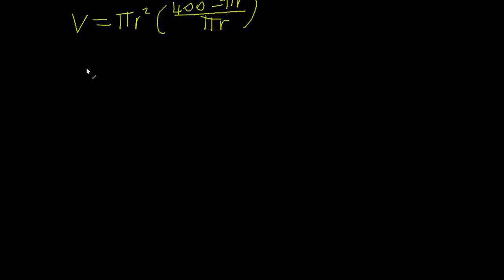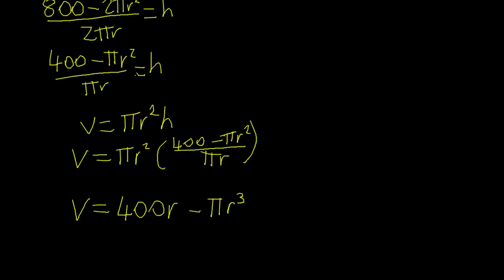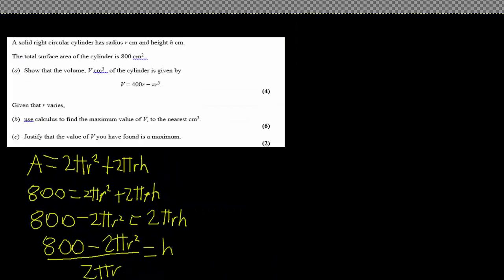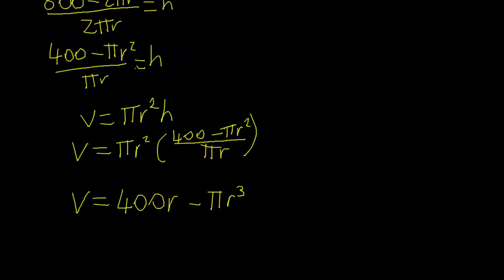So we're really just multiplying by r, which means the volume is equal to 400 times the radius minus pi r cubed, which, if we look back up at our original question, is 400 times the radius minus pi r cubed. So we've managed to get the answer to part A for 4 marks.